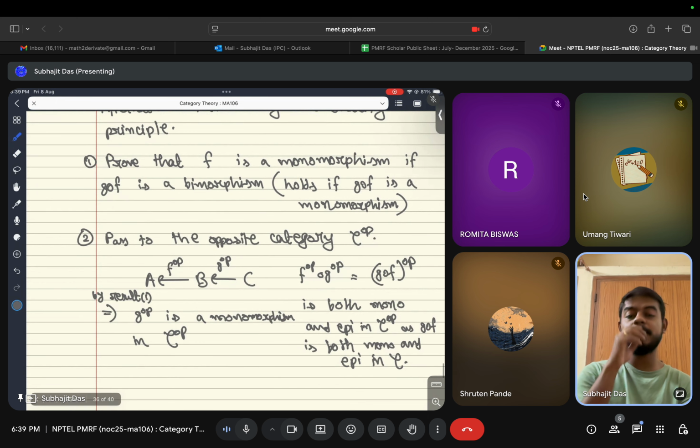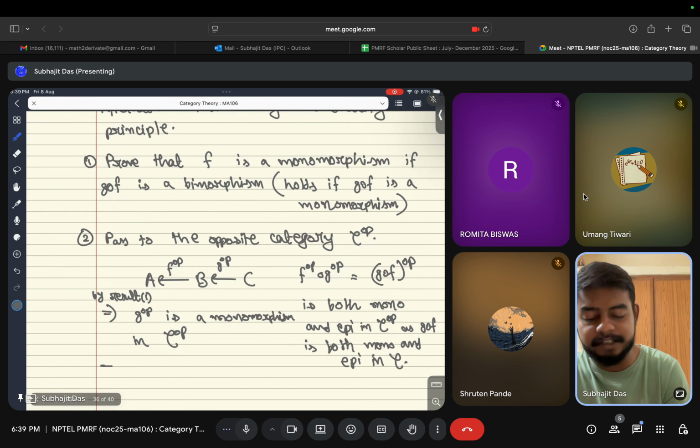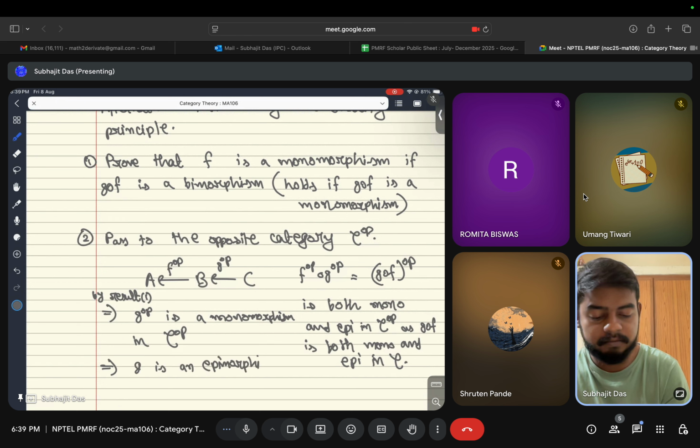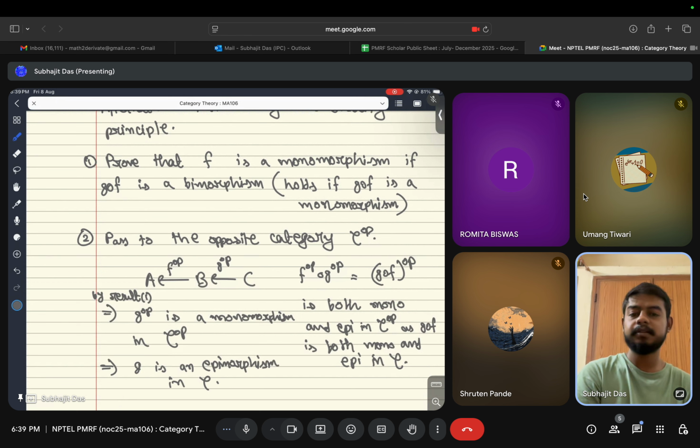We saw that monomorphisms and epimorphisms are dual notions of each other, which implies G is an epimorphism in C. And that's all.